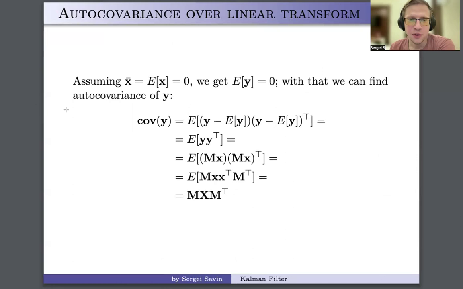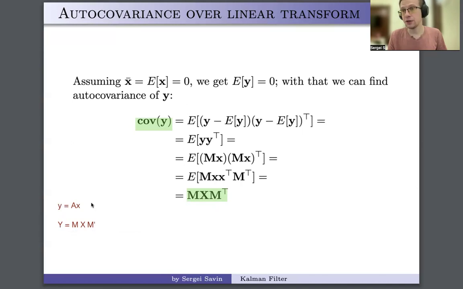All right. So one more time, the autocovariance of y, where y is equal to Ax, is given as M times Σx times M transposed, where Σx is the autocovariance of x. So what we saw is a linear transformation of x, y equals Ax, translates to a transformation of the covariance of y as MΣxM transposed.